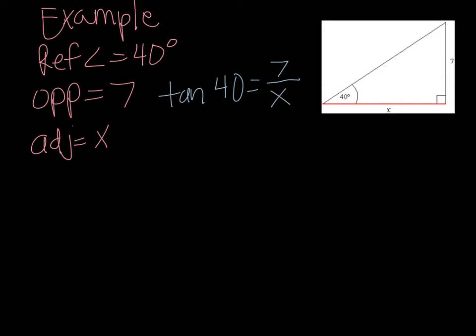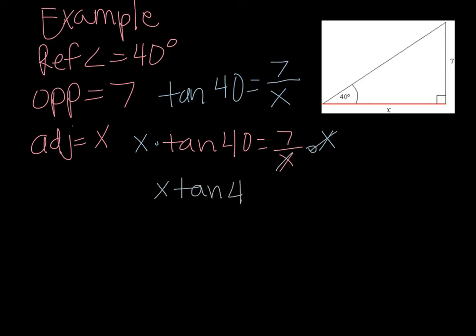Now once again at this point, you can tell we're going to need to do some inverse operations in order to get our variable by itself. We're going to start by multiplying both sides by x. That gets rid of both of these x's here, and I'm left with x tangent of 40 equals 7.